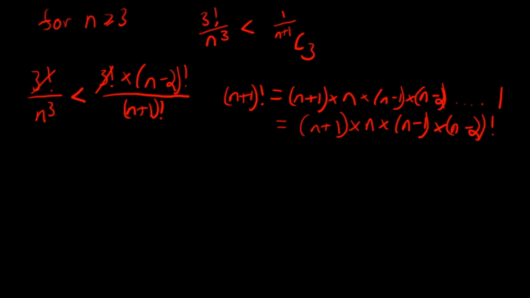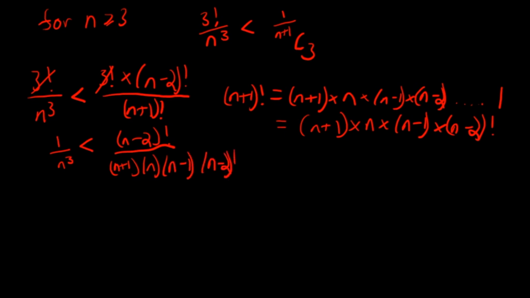So if I again rewrite this inequality, we will get 1 over n cubed is less than n minus 2 factorial divided by n plus 1 times n times n minus 1 times n minus 2 factorial.